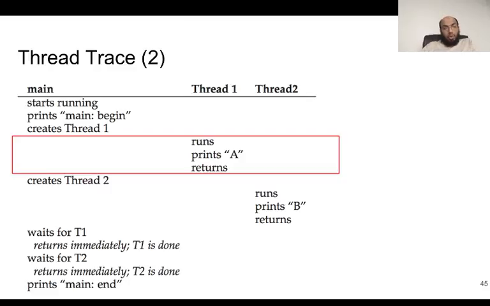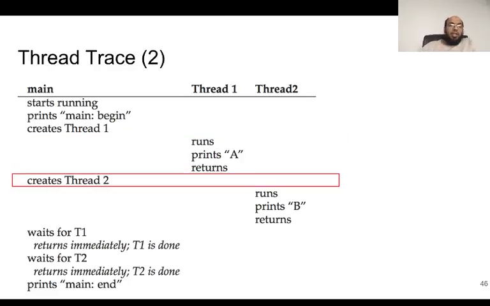Then you go back to main and create thread 2, and again, for some reason, probably the main thread has been running for way too long before you did all of these computations, so it's out of quota when it comes to round robin or something. It's at the lowest level of MLFQ.